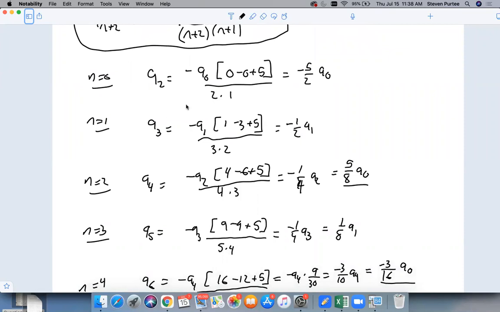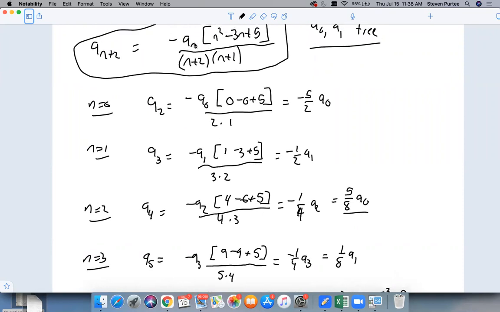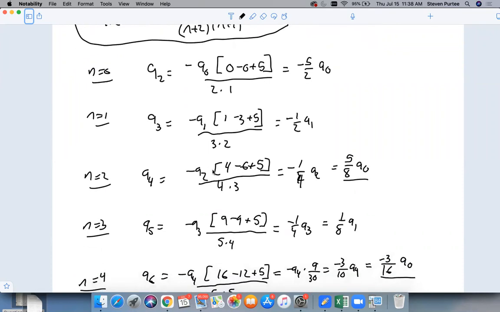Same thing here. Now here, when I start plugging in bigger numbers, if I plug in a 2 here, I'll get A4 is negative A2, but I already know A2. So all of this turns out to be negative 1/4 A2. A2 I had up here.